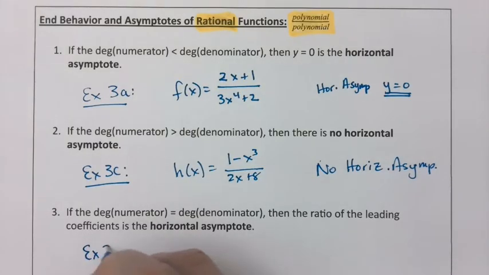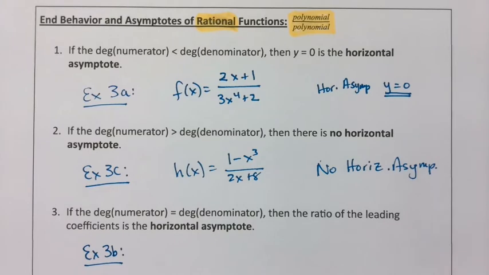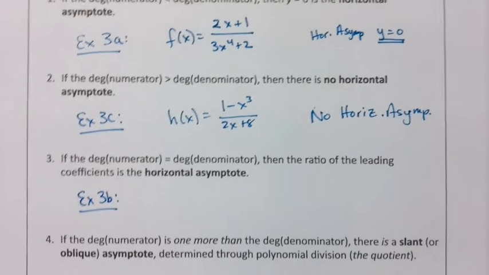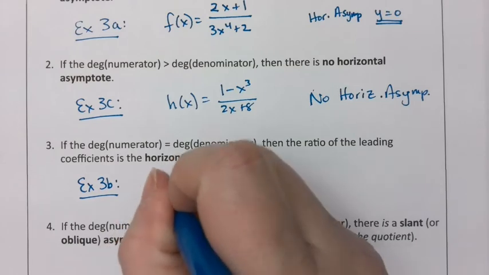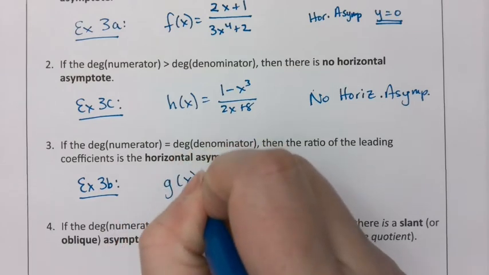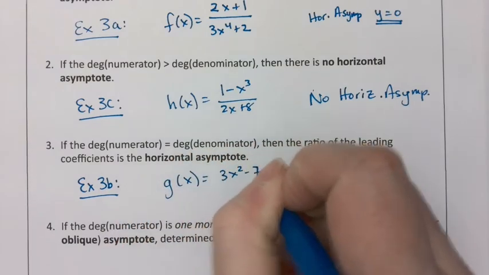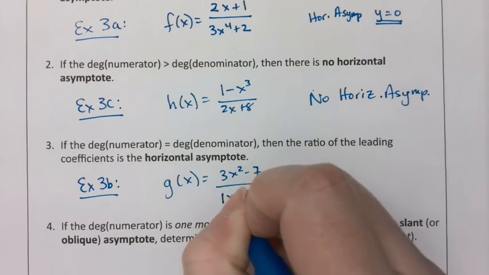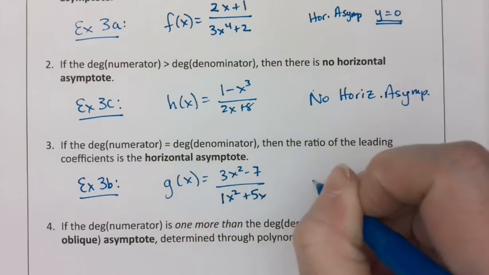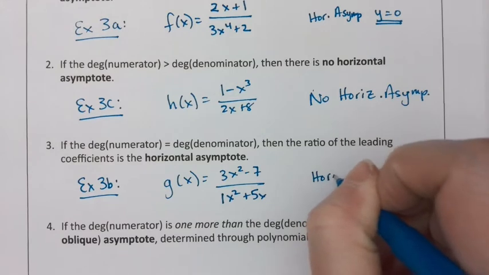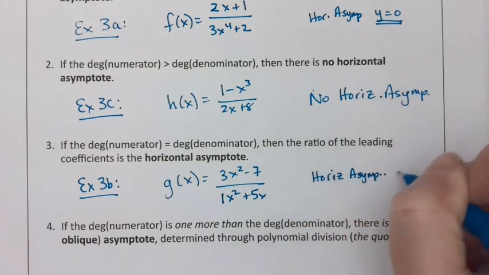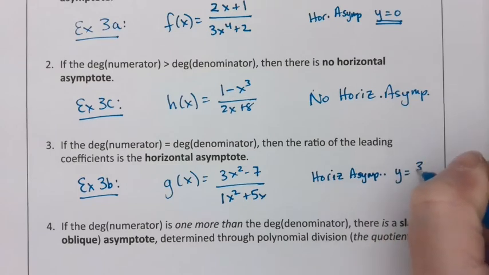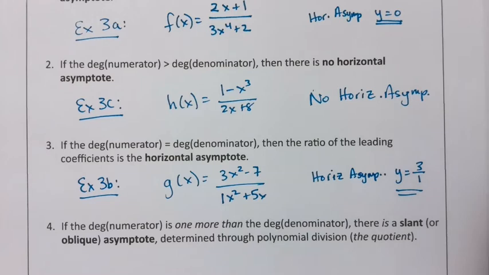Now, using this little end behavior chart does not count as analytical work, but it does help us just know how this works. So it was 3x squared minus 7 over 1x squared plus 5x. So the horizontal asymptote is y equals 3 divided by 1, or just y equals 3.